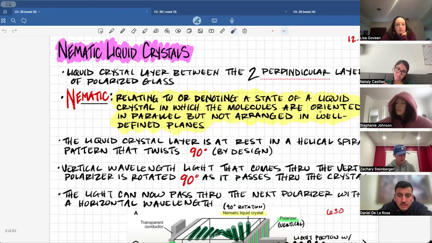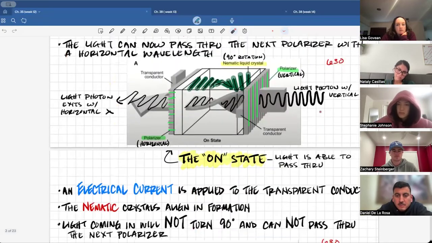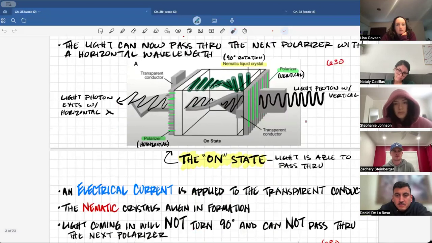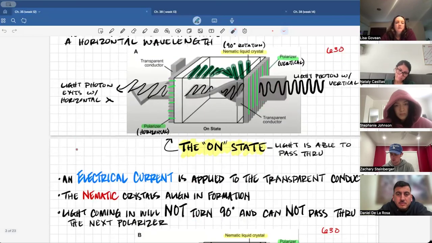If you go down to see the image. So a light wave enters through the vertical side, has to be vertical, and then the pneumatic liquid crystal spins it so it could exit through the horizontal side. In an on state, the transparent conductor has no electricity. That allows the pneumatic crystals to spin.